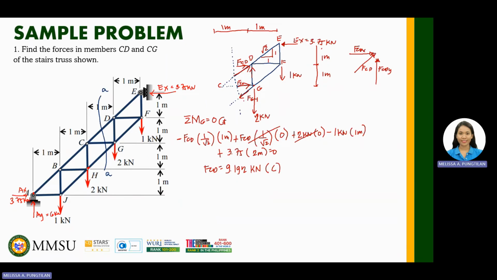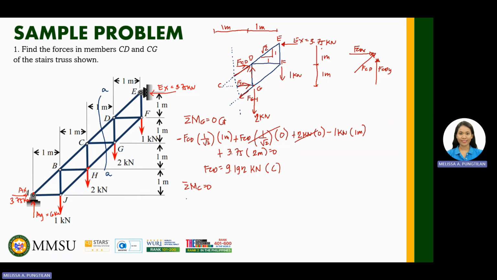Okay. Sige. So, we can take the summation of moment at point C is equal to 0. Okay, bakit ako nag-moment sa point C? So, dito sa point C, makakancel agad si CD and CG. So, we are left with GH. Okay, so i-compute muna natin si GH bago tayo makapag-proceed sa CG.